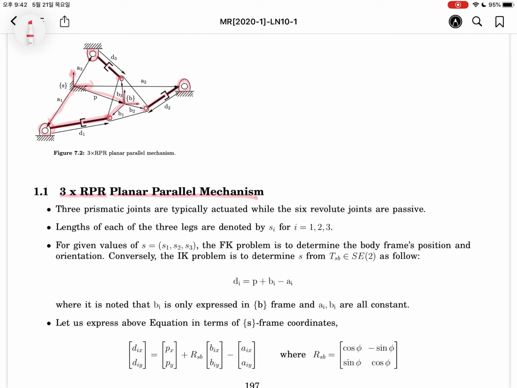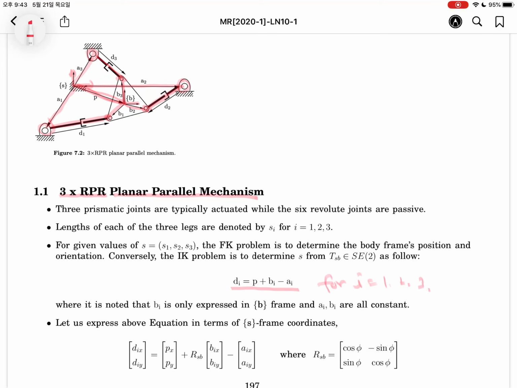And A2 plus D2 will be equal to P plus B2. On the other hand, A3 plus D3 will be equal to P plus B3. From here we have 3 loop closure equations. That will be denoted like this: 1, 2, 3.